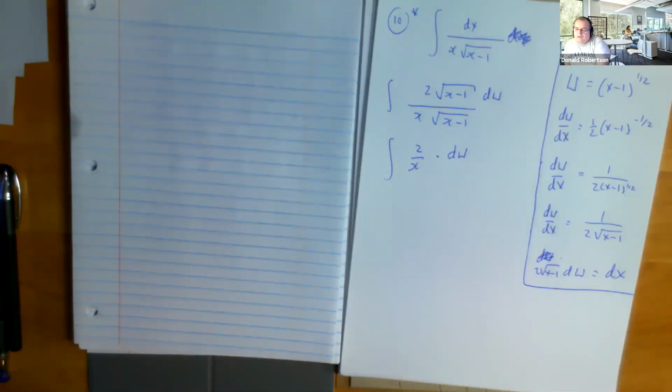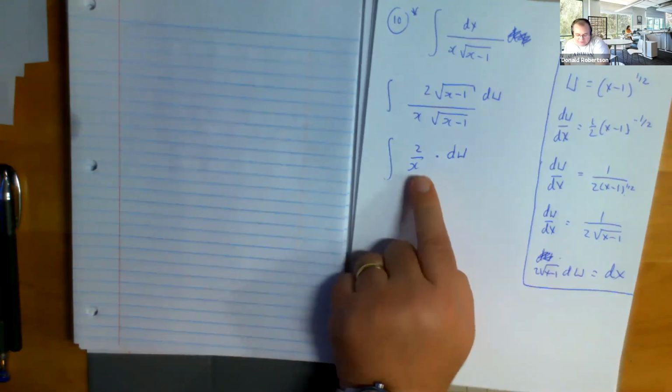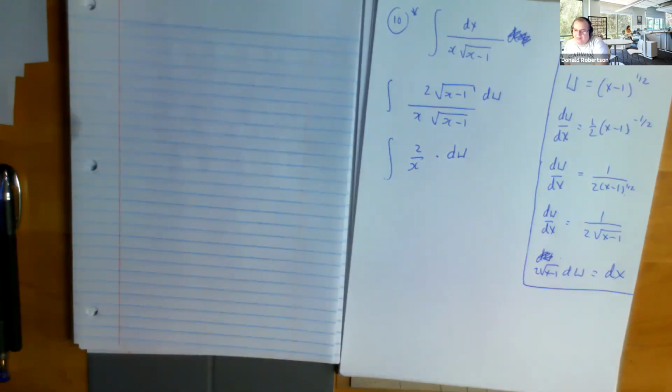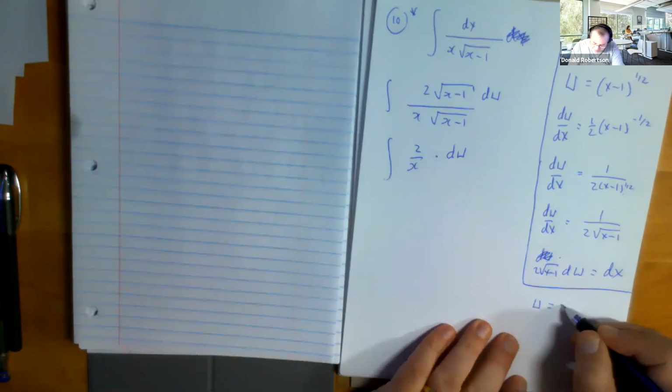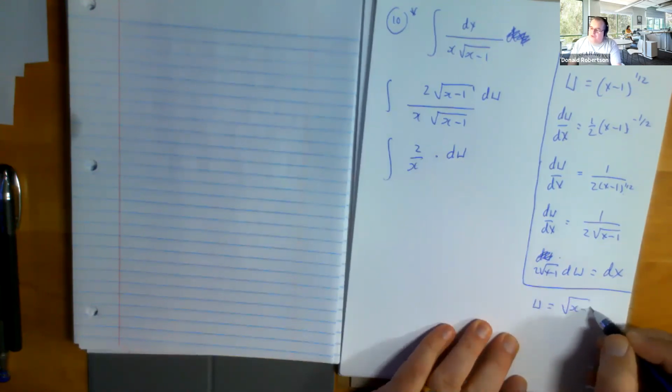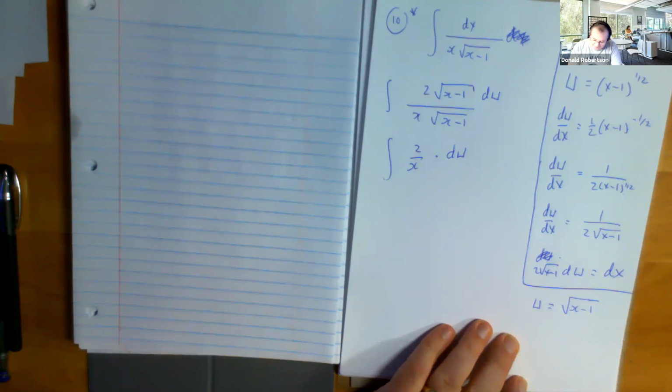Oh, this is good. You should be going, oh, that looks really nice. Then that blinking x, no good. Doesn't x have to be replaced by things with u's? This has to be everything in u. So I'm going to take my u sub and do some algebra to it.